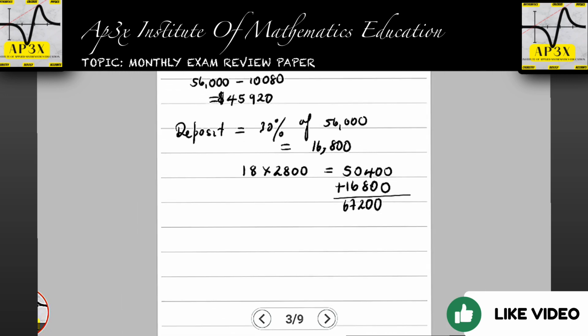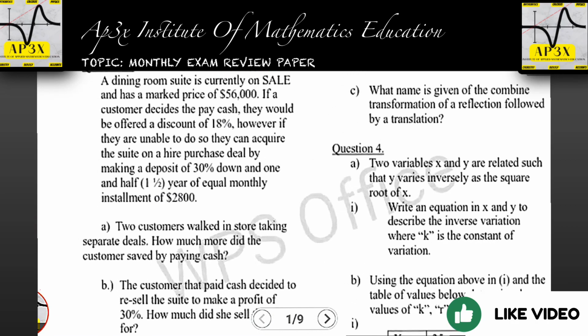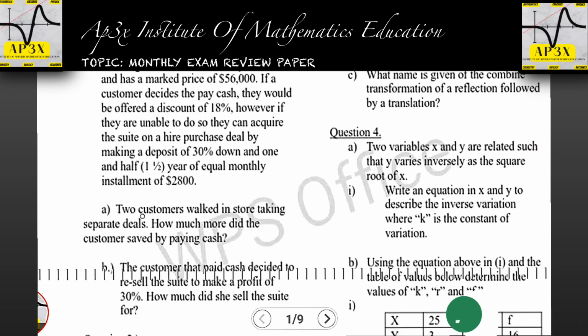So we have a bunch of calculations here. Let's just go back to what the question asks us, since we have utilized all the info provided. It says that customers walked into the store taking separate deals. That means one is taking the cash deal and one is taking the hire purchase deal. The question is, how much more did the customer save by paying cash?